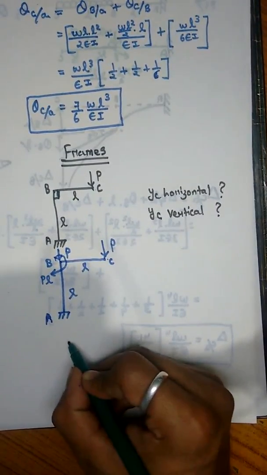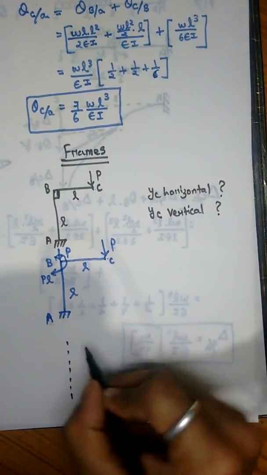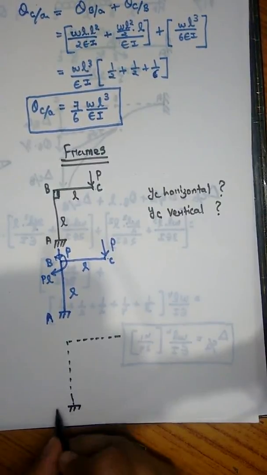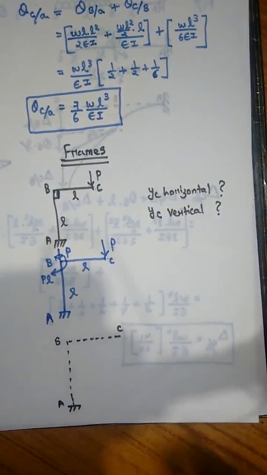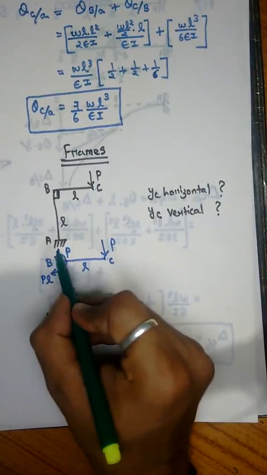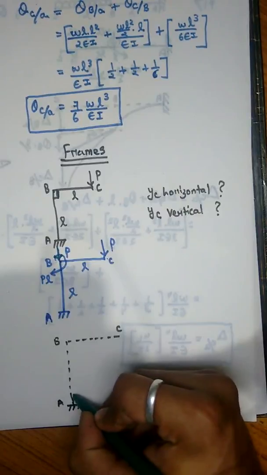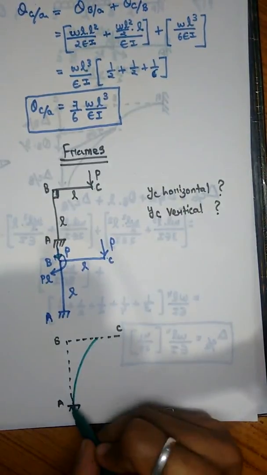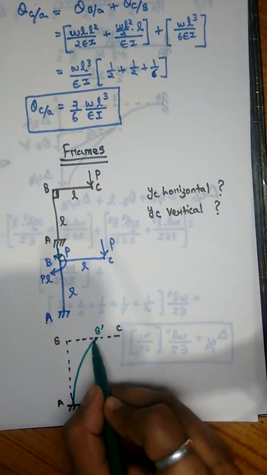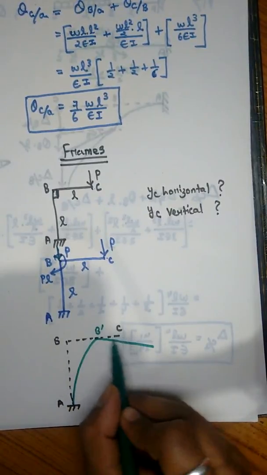Now we draw the deflection curve. This is our reference. A, B and C. Due to this point load P and moment PL, this vertical section AB will deflect in this manner, AB dash, and due to this deflection, this BC will deflect in this manner.